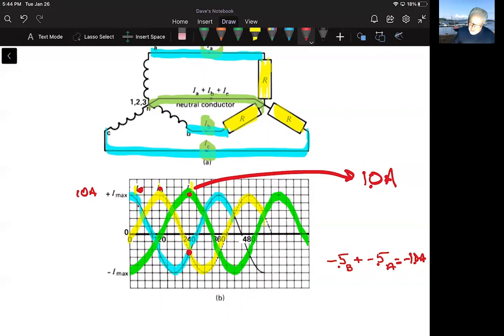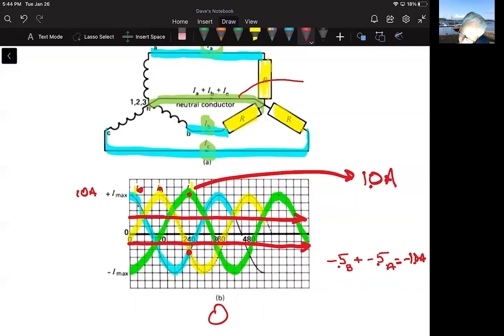Well, what that means is at any particular time along this curve, the net current, the phasor sum of the currents, is always going to be 0.